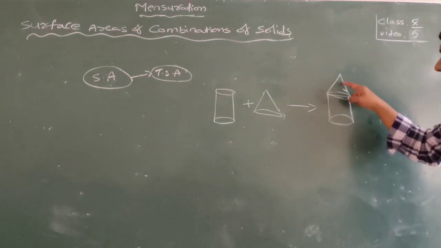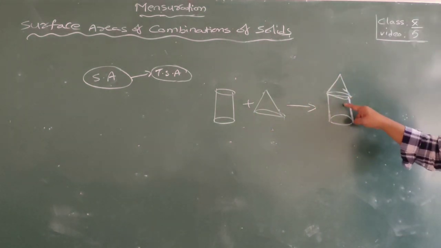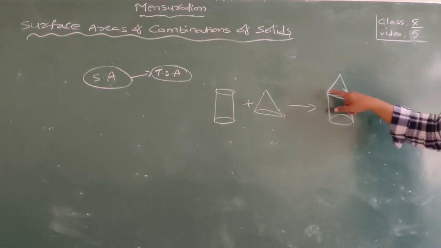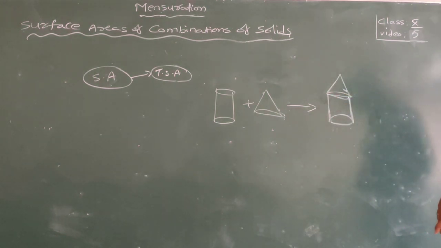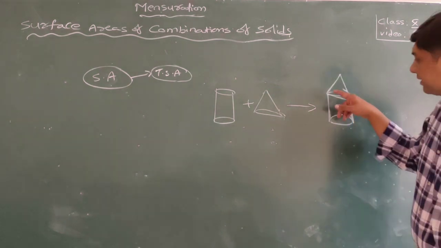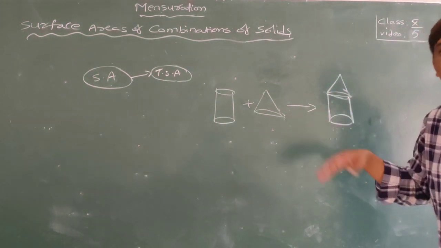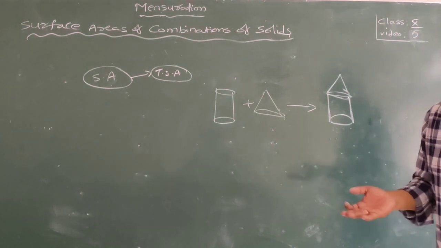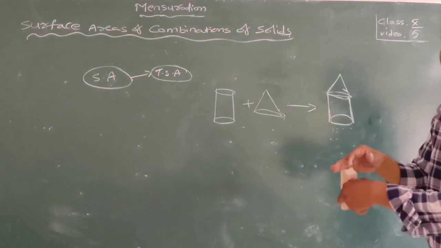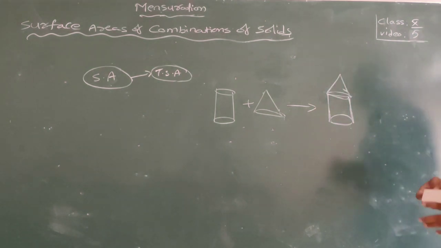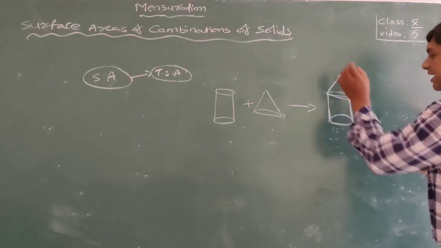But since this is obtained from two solids, a common area will be there. This common area we have to remove. Instead of that, we take the CSA of the other solid and add it.